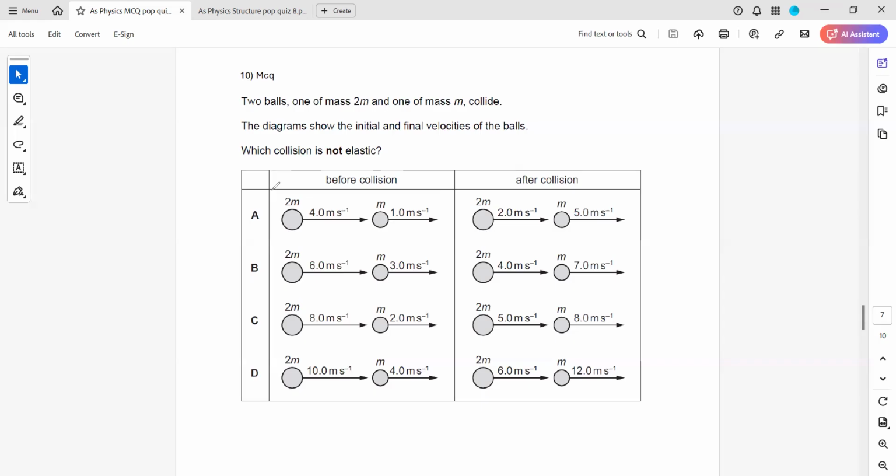Both statements should be correct, that the momentum should be conserved as well as the kinetic energy. Like this one, 6 multiplied by 2, 12m, and this is 3m, so the total is 15m. This is 8m and this is 7m, so momentum is conserved here. For this one, 16m.